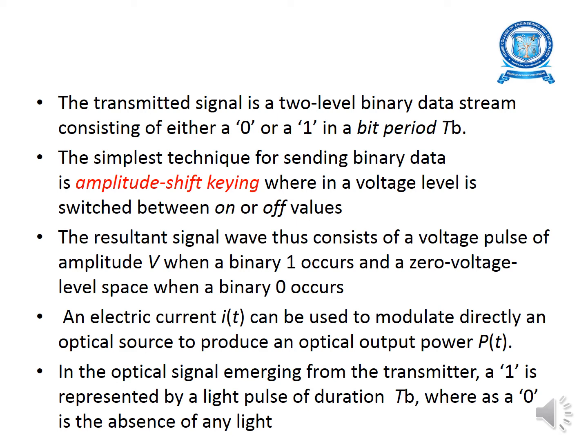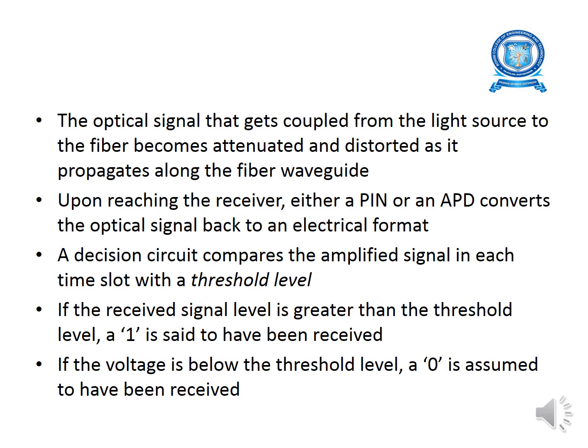Amplifier and filter sections are used, and the signals are compared in the decision circuit with the threshold voltage level. The decision circuit compares the signal in each time slot with a certain reference voltage known as the threshold level. When the received signal is greater than the threshold, it is considered as 1.